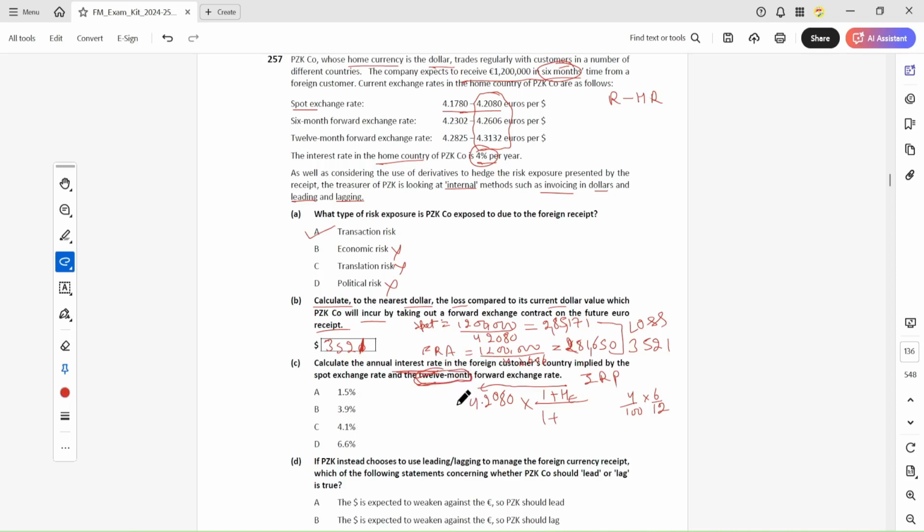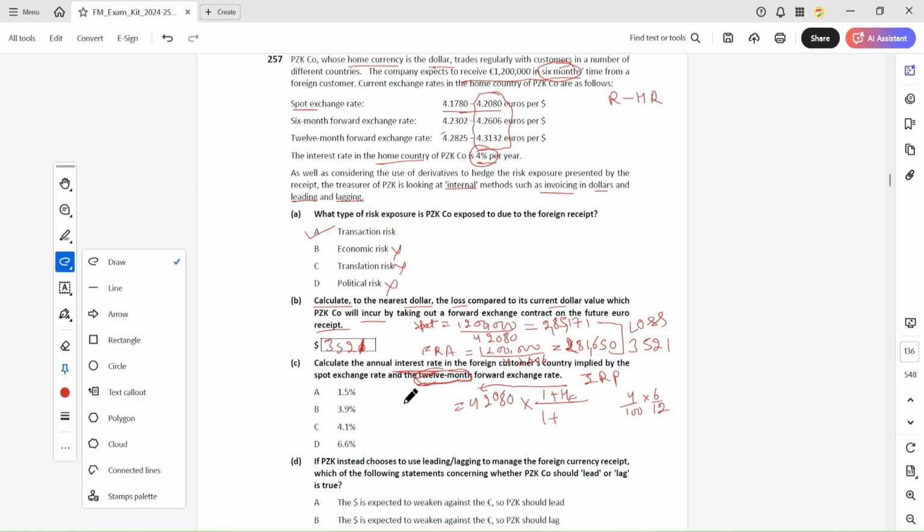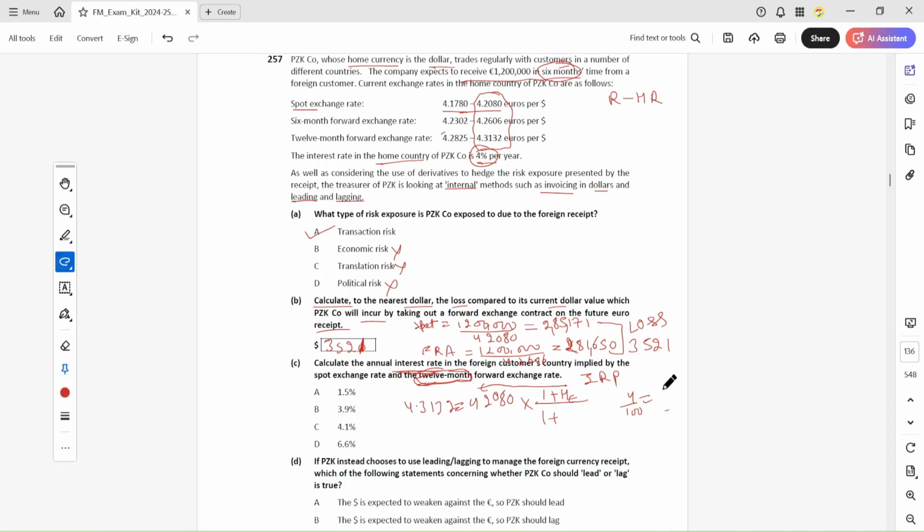Okay, so we will use this forward rate, 4.3132, and this is not required here. Because we have to calculate after 12 months, 0.04. You solve this and pick the correct answer.